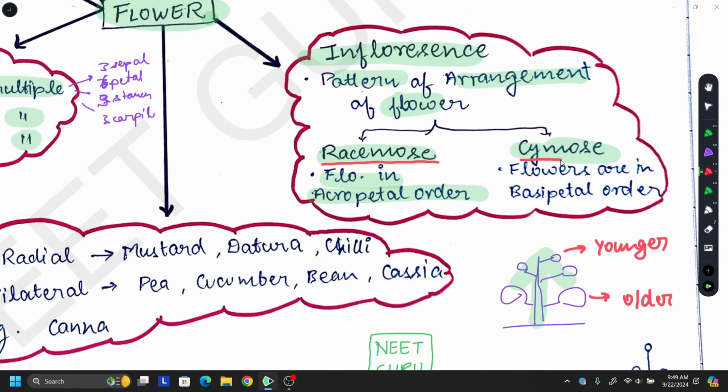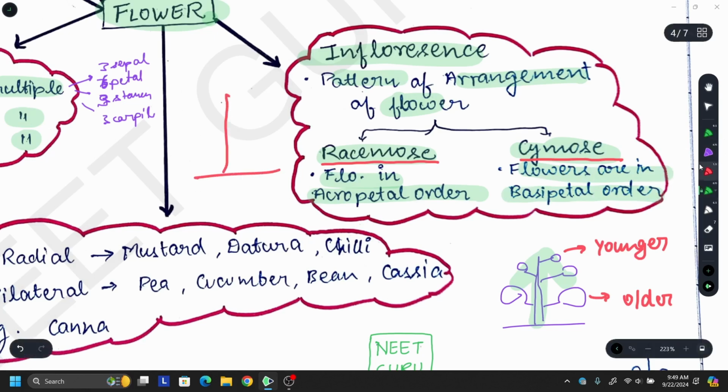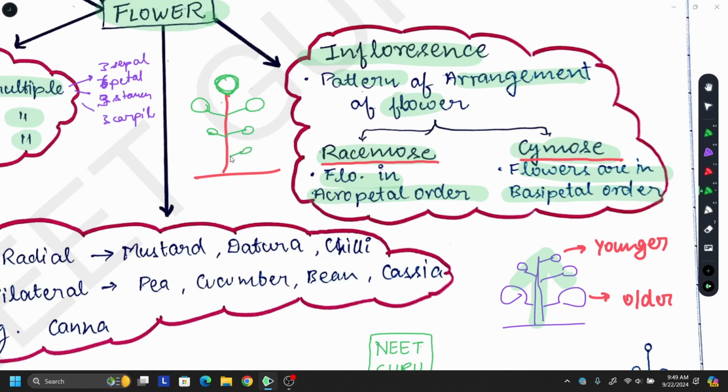In cymose inflorescence, the flowers are born in basipetal order. That is, the younger flowers are at the base. It is something like this. Let's say this is a tree, and this is one flower which is on the top, and these are the other flowers.